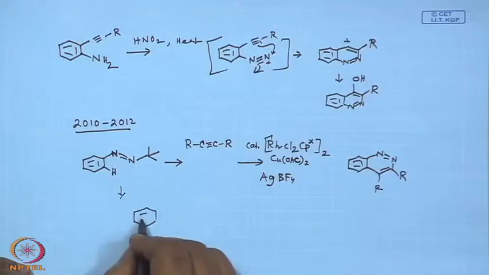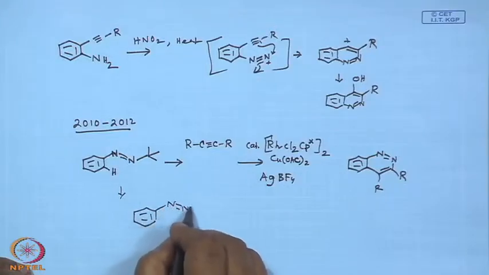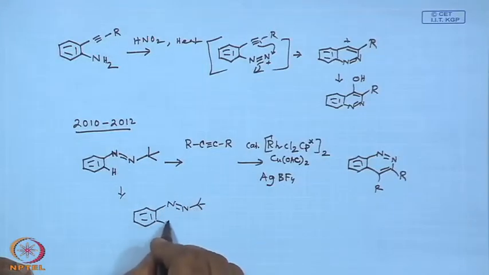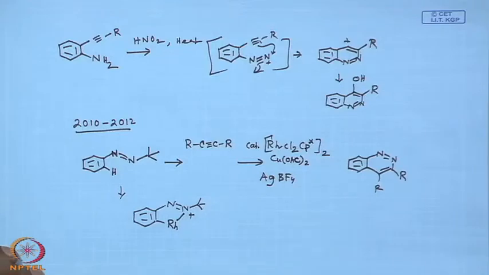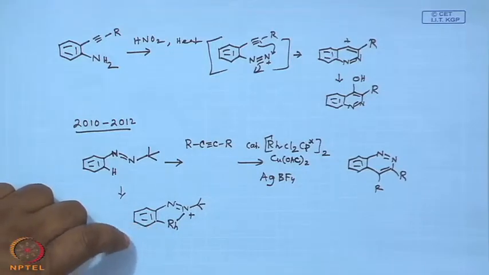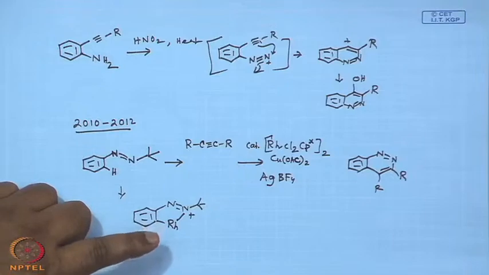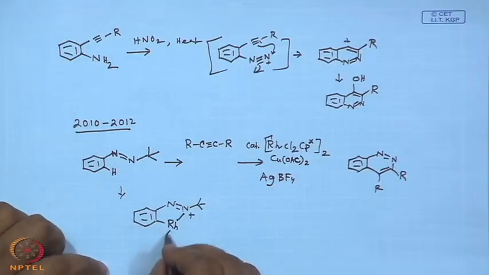That means eventually, as an intermediate, you will be getting an organorhodium having a halogen here, but then you have a second nitrogen that can also displace it intramolecularly. So, one halogen is replaced by the benzene nucleus, the other halogen is replaced by nitrogen, and then what is left?